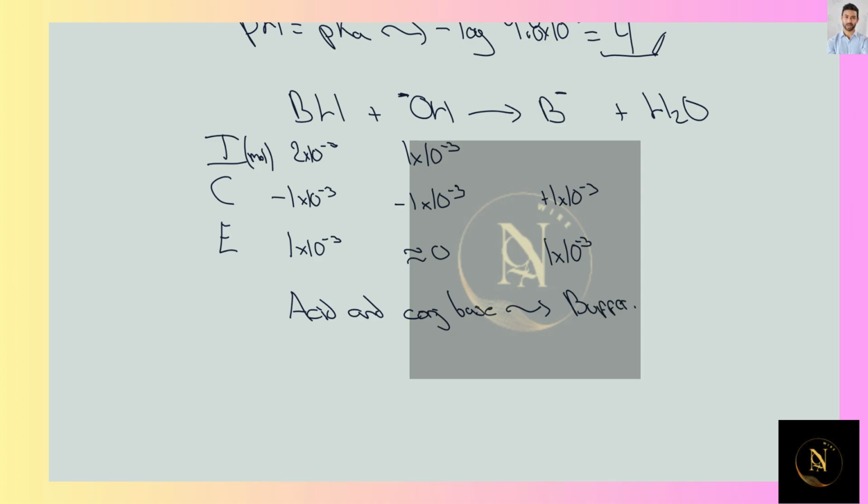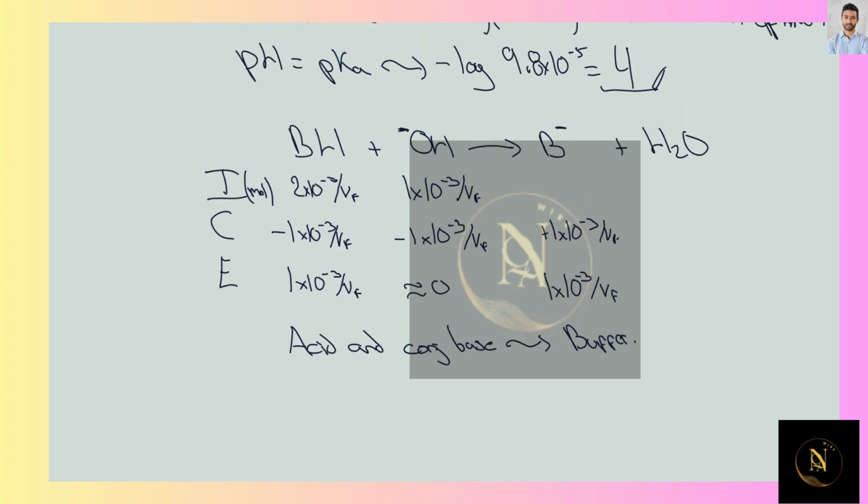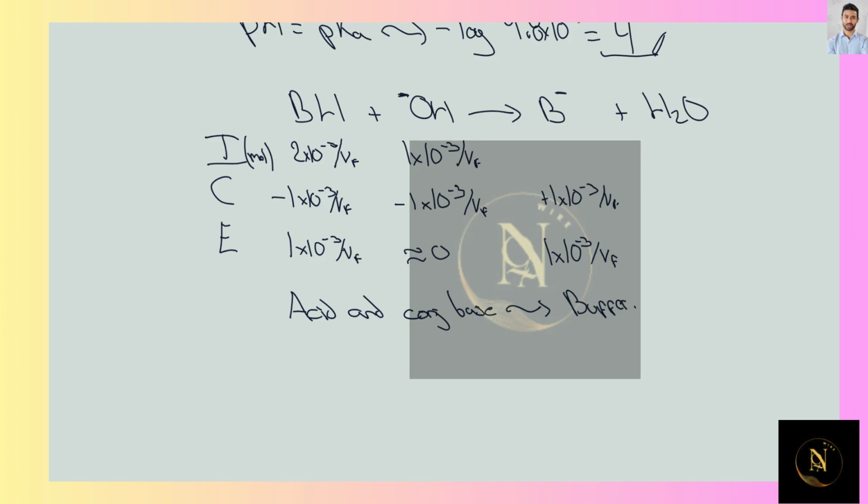If you want to convert all of these quantities into concentrations, you could divide all of these things here by the final volume. In this scenario, since we have a one-to-one correspondence and the final volume is going to be the same always, it really doesn't matter.